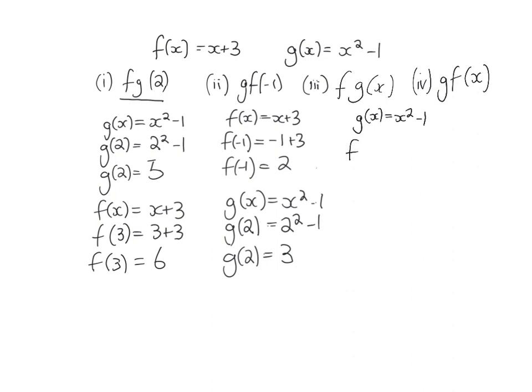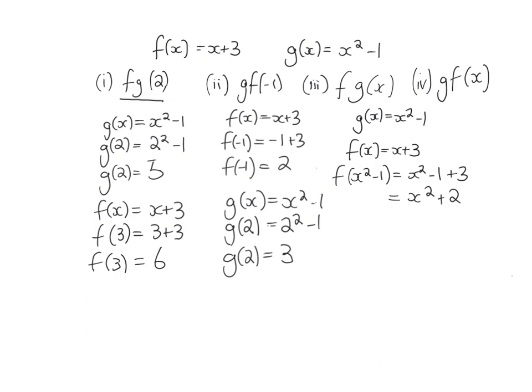And then we have f of x, and we know f of x is equal to x plus 3. But the answer of g of x was x squared minus 1. So we replace x with x squared minus 1. So the answer for this one is going to be x squared plus 2.